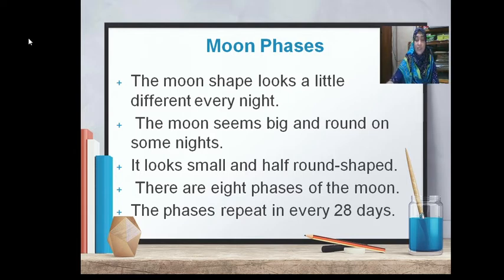Dear students, the distance from the moon to the earth is 3,84,400 kilometers. Light can travel at approximately 3 lakh kilometers a second. So, light takes about 1.3 seconds to travel from the moon to the earth.